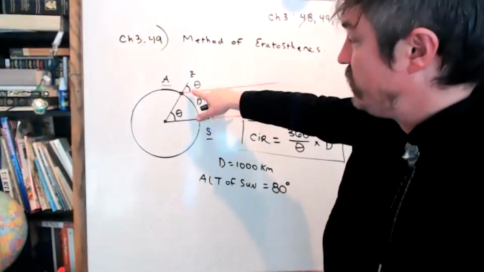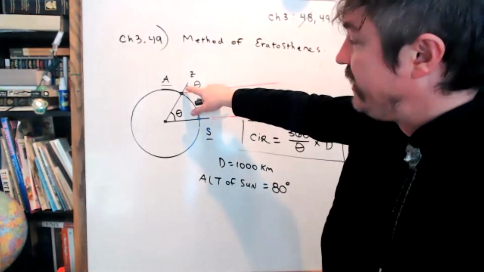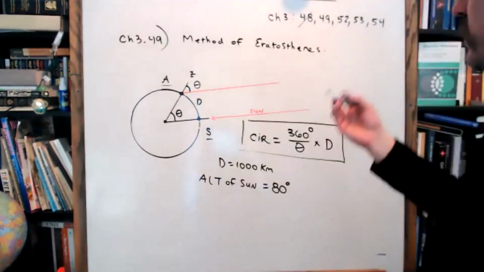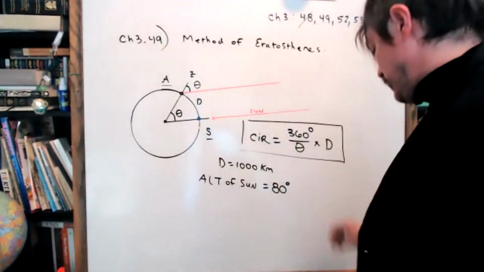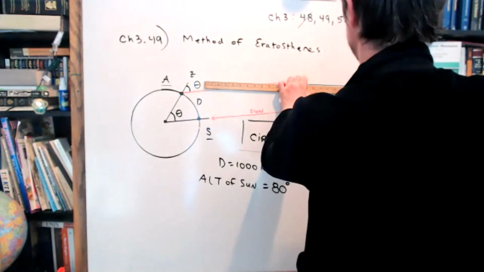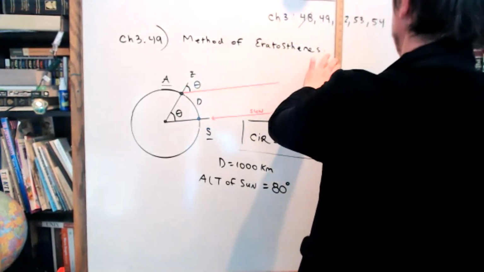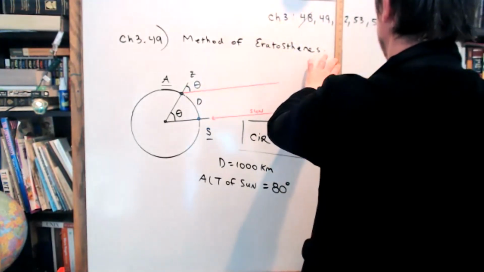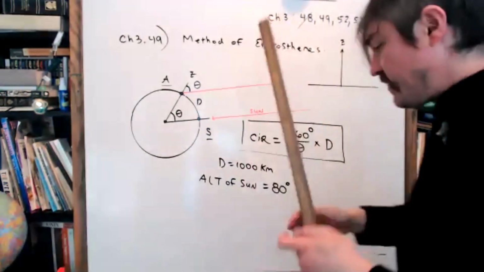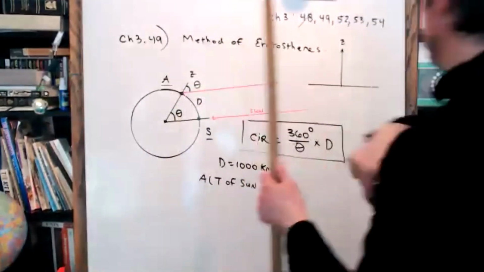In the diagram, Nori, you can see that theta is actually the angle between the zenith and the sun. Let's imagine you were standing on the ground in that city. Here's the ground. Here's your zenith. That's the point overhead. And let's say the sun is coming in at an angle like so.